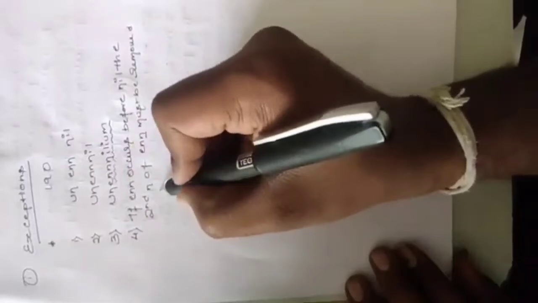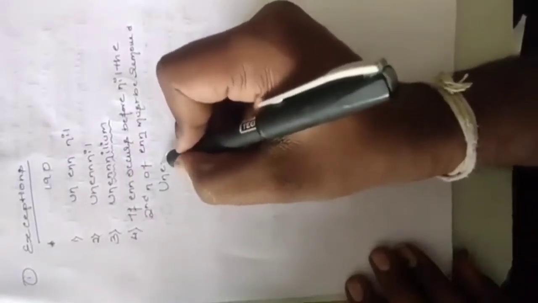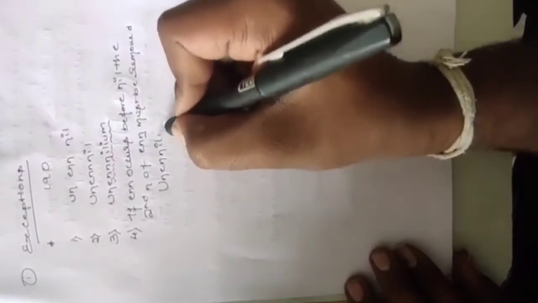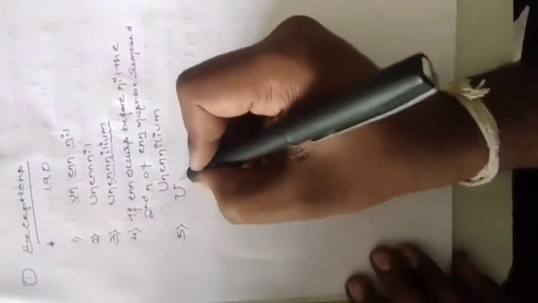If you remove, what happens? Unenilium. Correct? No. The fifth, taking the first letter from the numerical roots: UEN. Correct? Do you understand this? Only some elements like 109 and 102, 103. Okay, only 3 elements are exceptions in the table.